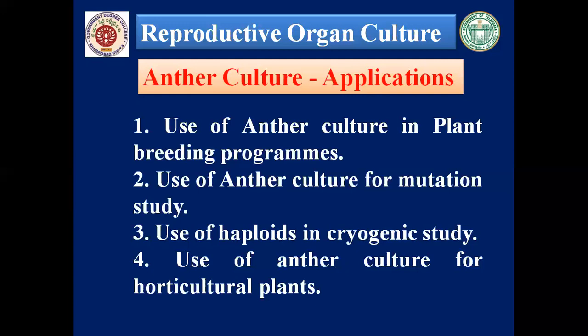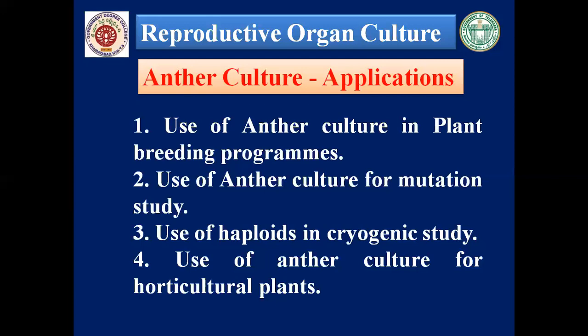Next is the use of anther culture for mutation study. The microspore culture lies in the study of somatic cell genetics. In such studies, mutant cell lines are specifically important. So this is the second one. And the third one is the use of haploids in cryogenic study. Cryopreservation of haploid cells, pollen and embryos is a novel approach for the long-term preservation of genetic stability and to establish a haploid germplasm bank.